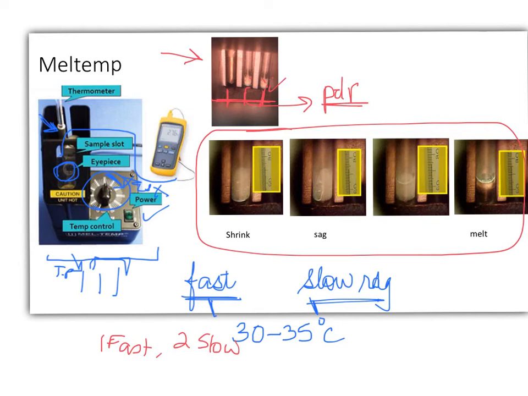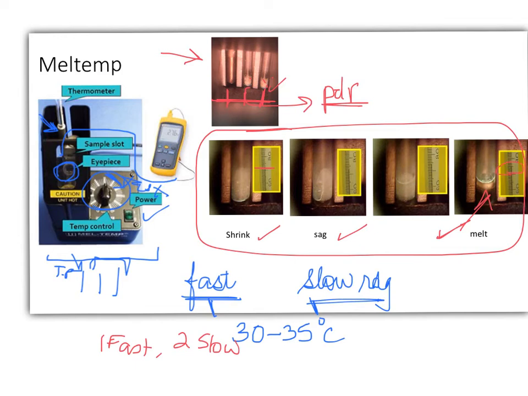This next sequence of the 4 pictures that I have, that is what I wanted to show you, and there is a video later on that you can watch where I'm trying to show you the shrinking, that sweating of the solid, the sagging, and how it ultimately just melts away and gives you the clear melt in this final scenario. Notice that shrinking started to happen around 73 and the clear melt was formed around 75.